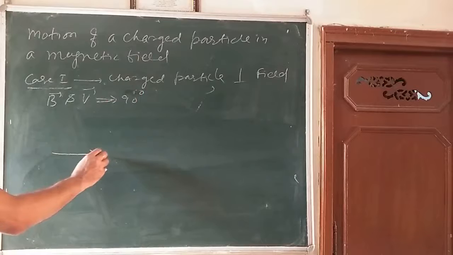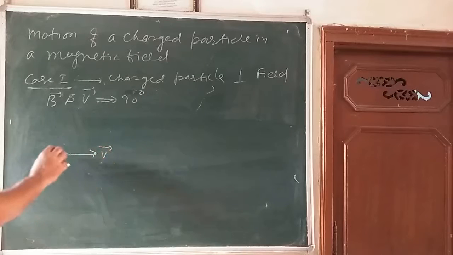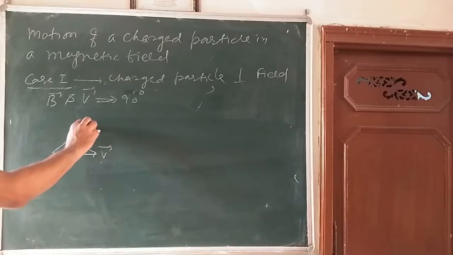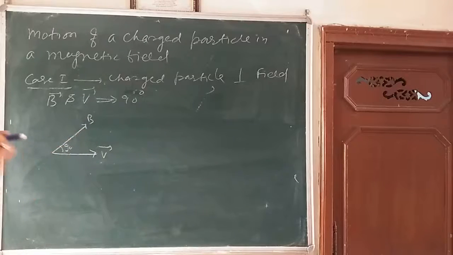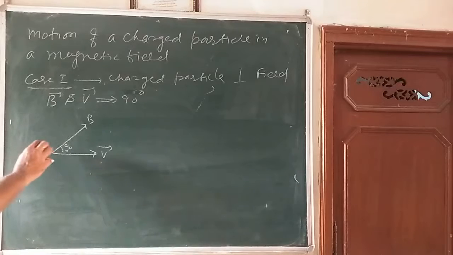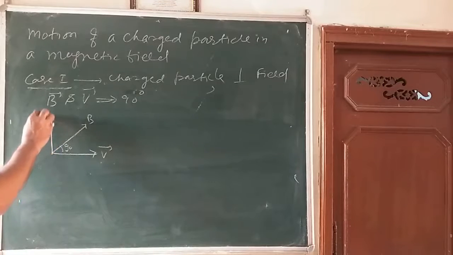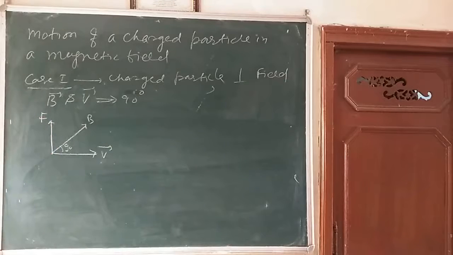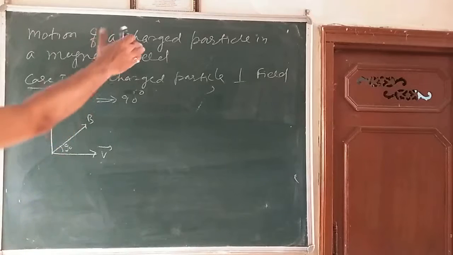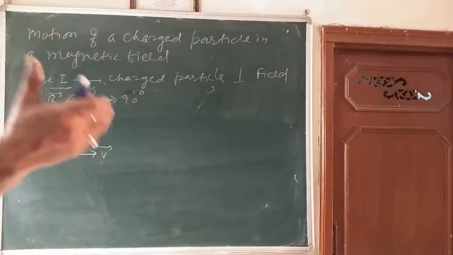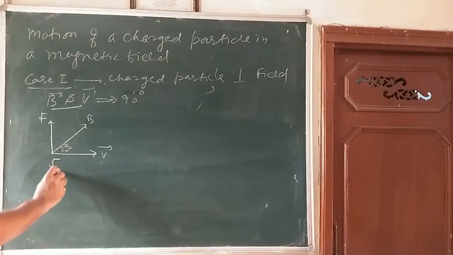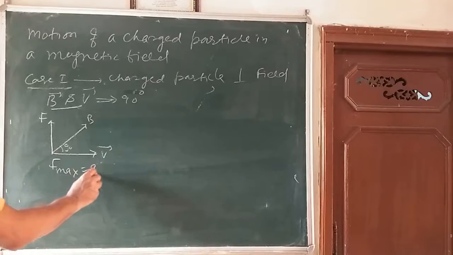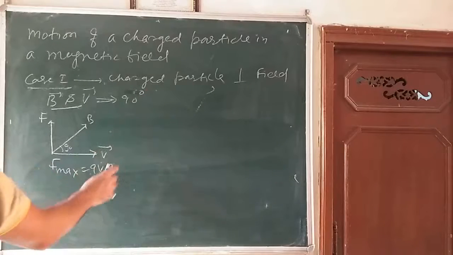Suppose here the velocity, here it is the magnetic field, the angle in between them is 90 degree. This v is like this, the magnetic field is like this, understand it as inward. Then the third direction, that is the direction of force. According to that formula F equals qvB sin theta, the angle in between v and B is 90 degree. So here is the force, maximum force would be qvB sin 90.